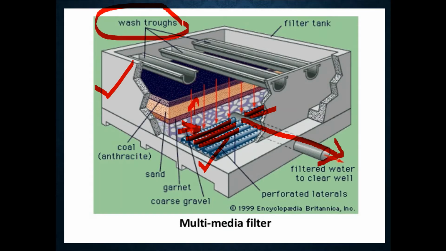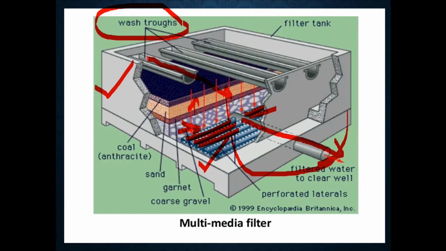Troughs are nothing but gutters or drains, used whenever the rapid sand filter is cleaned. When the filter is cleaned, water enters from the perforated under drainage system or pipes, passes through the gravel first and then through the sand layer, and then moves into the wash water troughs.